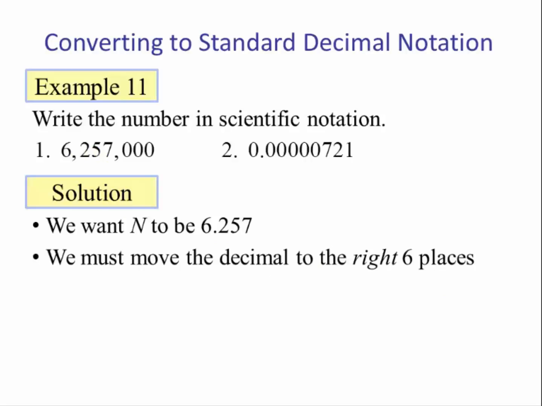So we must move the decimal place 6 places to the right. So k is 6, and we have 6.257 times 10 to the 6. This expression and this expression are equivalent. This is what we call standard form, and this is scientific notation.